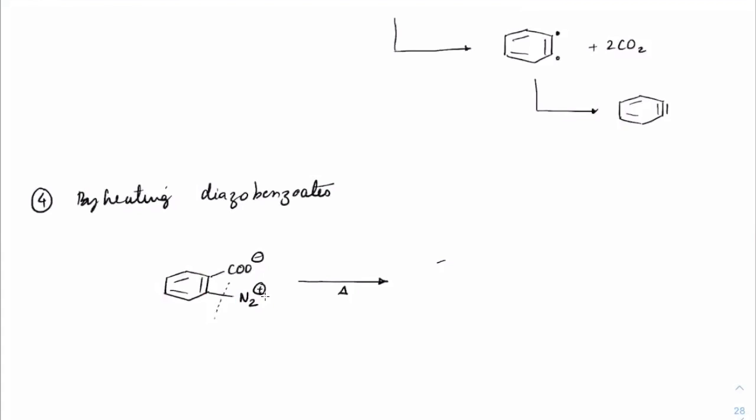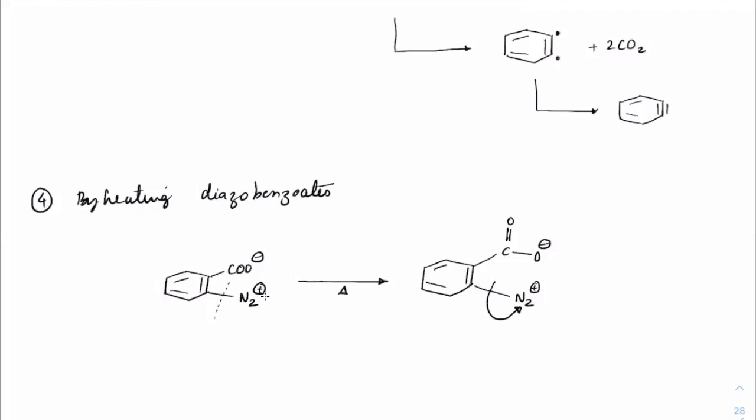And as soon as it breaks, you can see what we can see here. We already have these pi bonds. We have C double bond O, O minus, and this bond is breaking here as N2. So N2 means it will take away electrons.